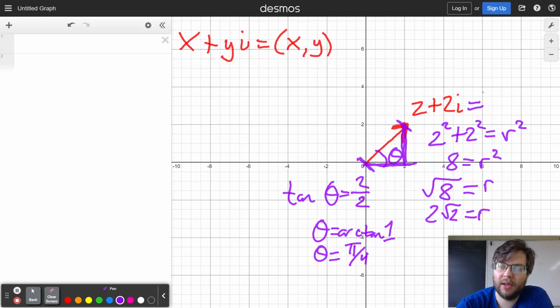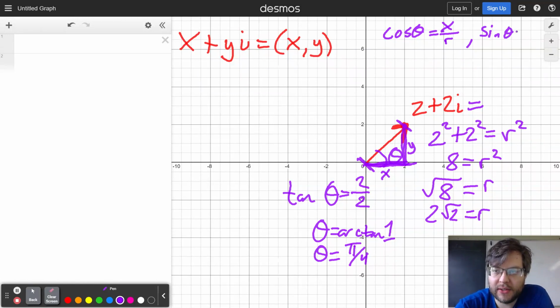And so we can call it, the adjacent value here is x, the opposite value is y. I know that cosine of theta is equal to adjacent over hypotenuse, which I'm using the letter r for. And sine of theta is equal to opposite over hypotenuse.